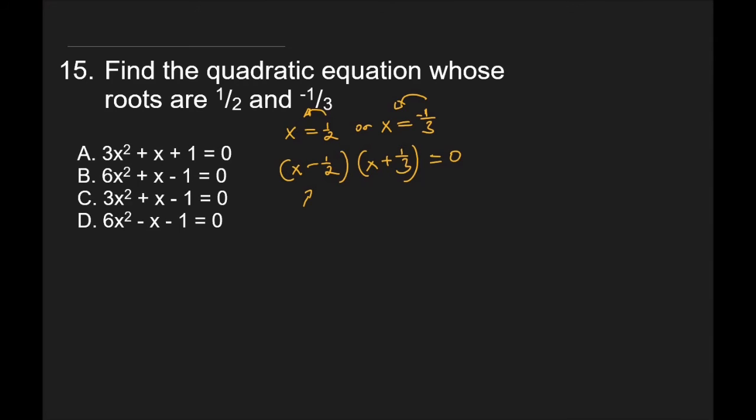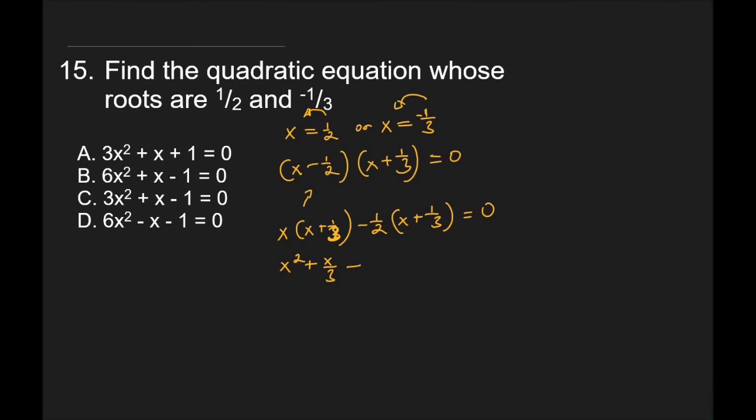Let's expand the bracket. So this will be x times the second bracket. Minus 1 over 2 times the second bracket again. Still equal to 0. Let's expand the first bracket to get x times x is x squared, plus x times 1 over 3 is x over 3.